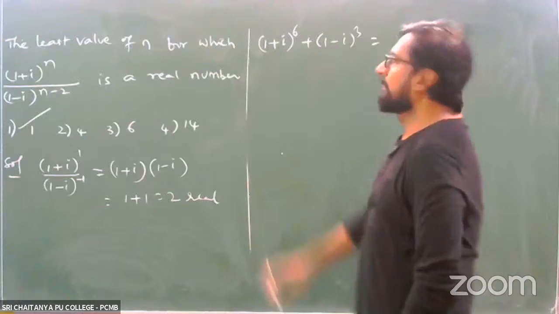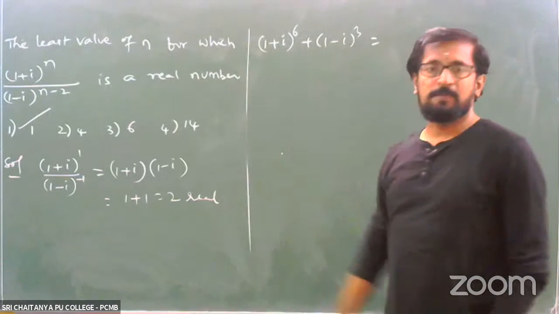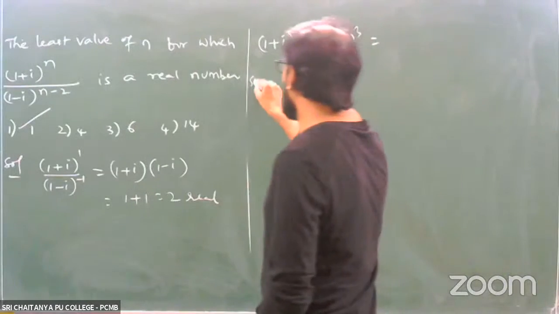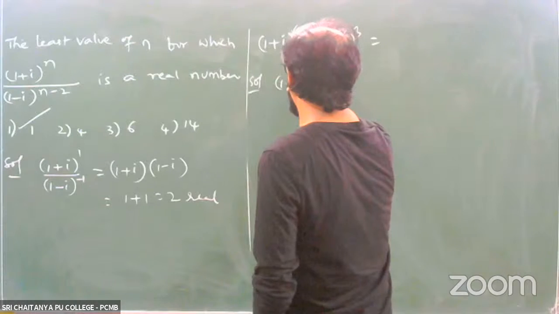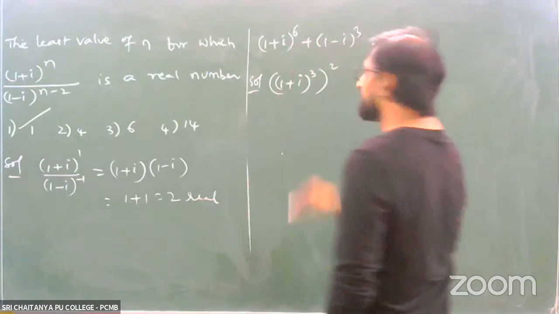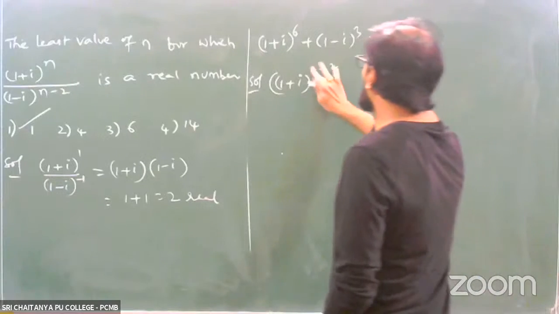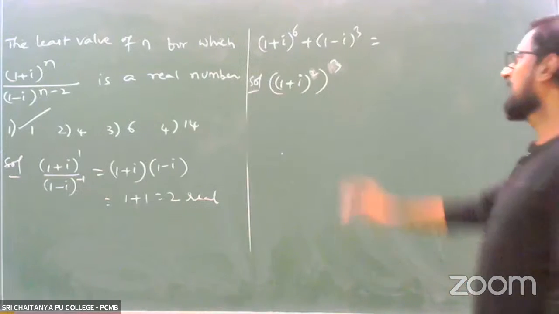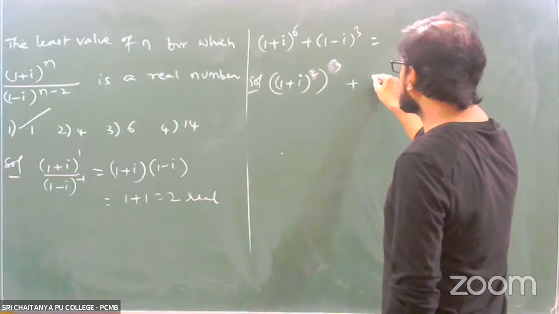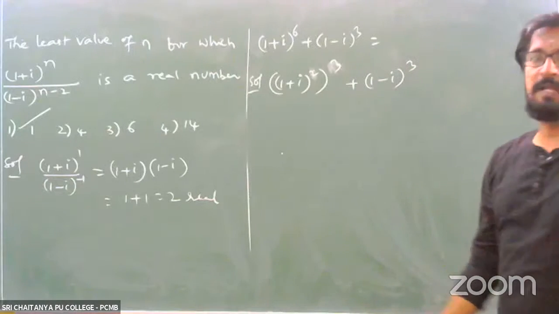1 plus i whole power 6. See here, it is 6. You can write this problem as 1 plus i whole cube whole square, or whole square whole cube, whatever it may be, plus 1 minus i whole cube as it is, right?